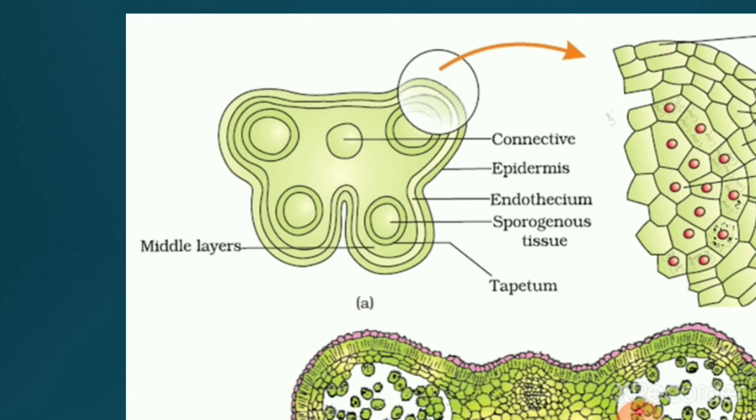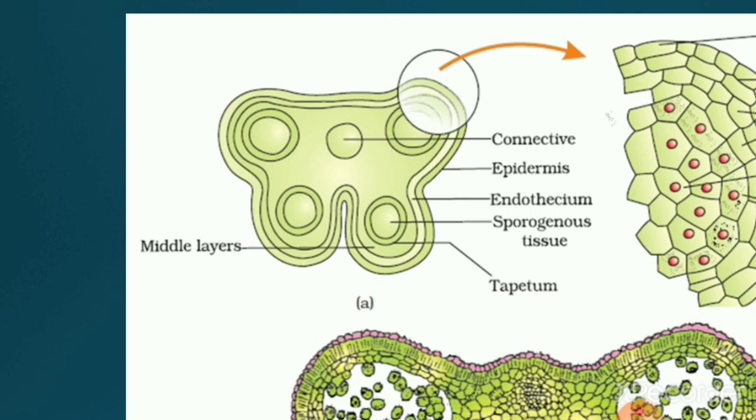It is the connection of the filament to the anther, and then you can see the four circles or four chambers. These are called the pollen chambers or theca. Generally, a typical anther in angiospermic flowers is bilobed and tetrathecous.